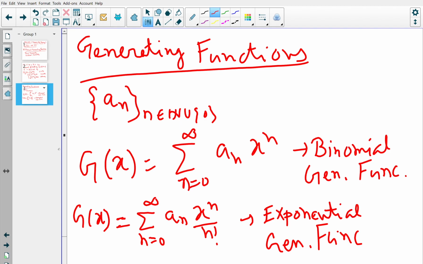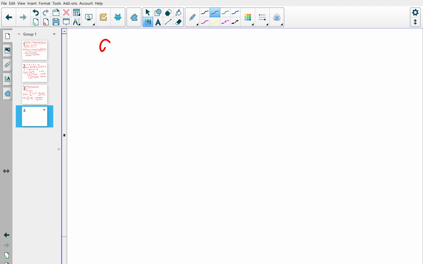Our moment generating function is one type of this exponential generating function, where the a_n are nothing but our raw moments.